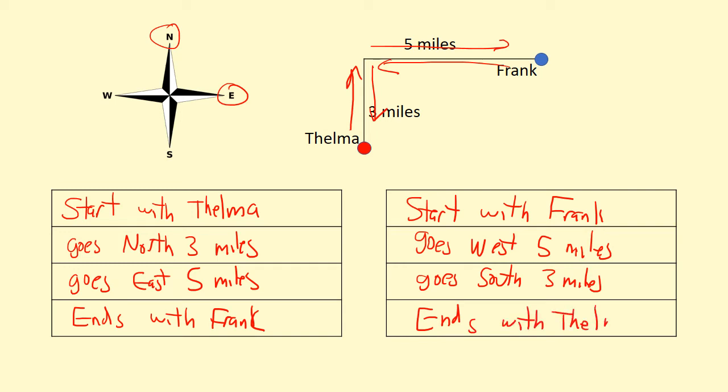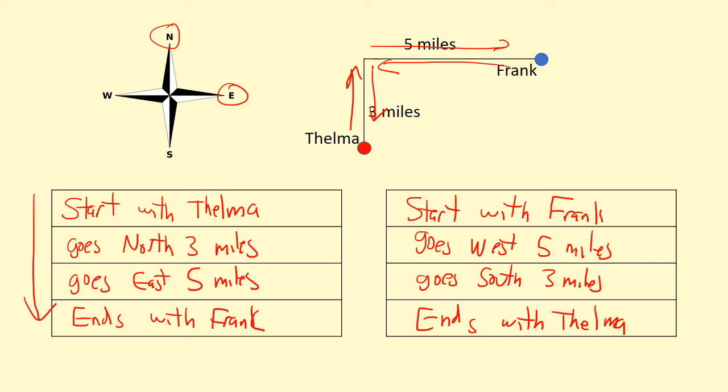So basically, I did 2 sets of steps. One of them undid the other one. So in other words, when she went to Frank's, she did a bunch of moves, but she wanted to get home, so she had to undo everything she did to get there. And if you look at these two lists, you notice a couple things about them.